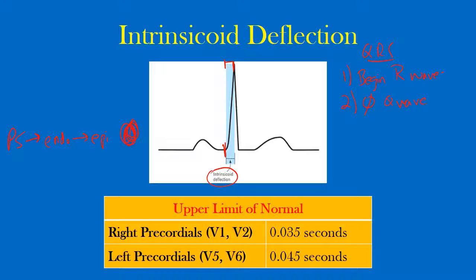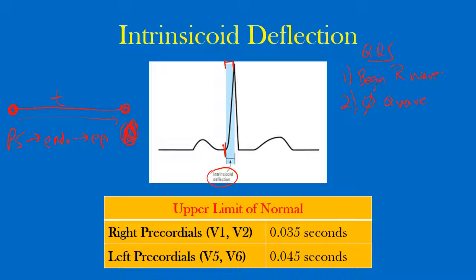So it's going this way. And so this represents the time it takes the impulse to get from the Purkinje system all the way to the electrode. So it's that time portion that is called the intrinsicoid deflection.